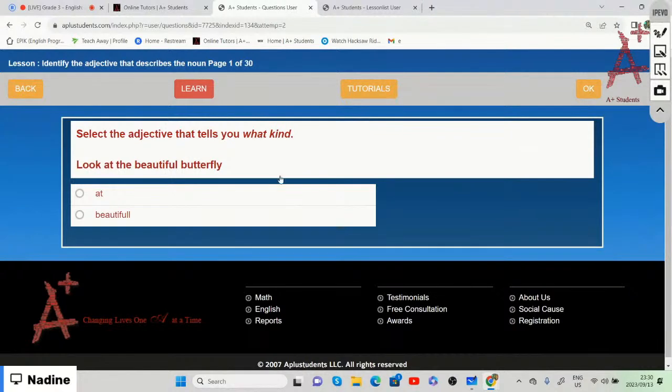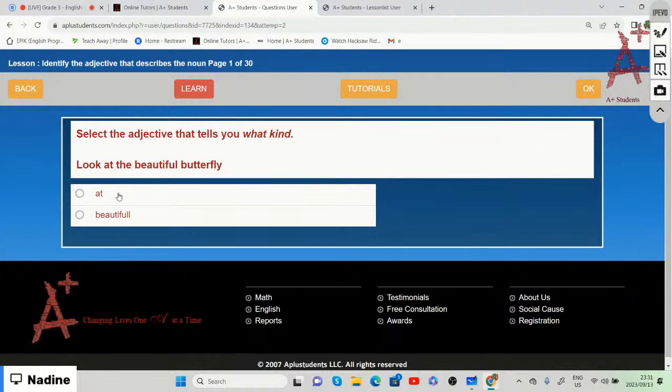All right. We need to select the adjective that tells you what kind. If we look at the sentence, look at the beautiful butterfly. Within the sentence, we need to select the adjective that tells us what kind.